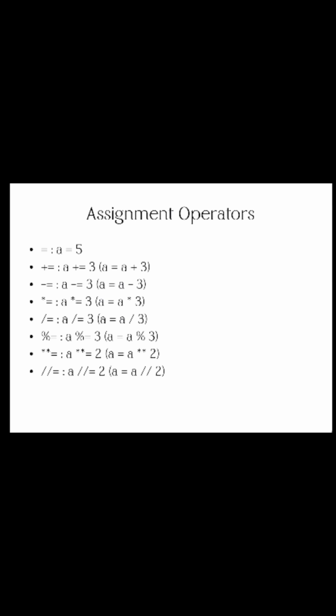That means if a equals 5, it is the equals operator, and if we give a plus equals 3, we will read it as a equals a plus 3. That is, the computer will take it as a equals a plus 3. Since the value of a is 5, we will get the answer a equals 8. Similarly, in the case of minus, star, slash, modulo, exponentiation and so on, these are assignment operators.